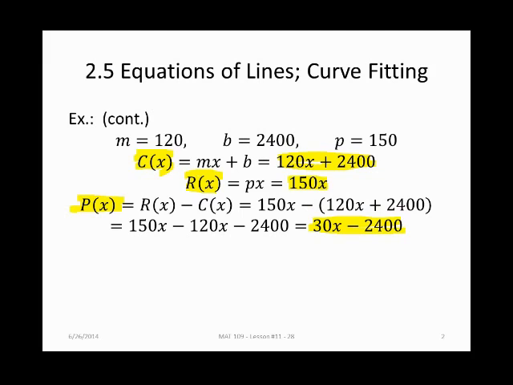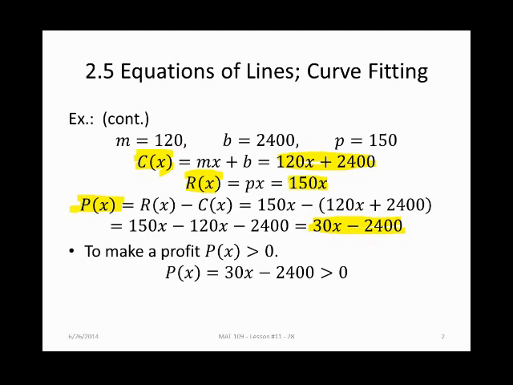Profit is just the difference between revenue and cost. So P equals R minus C. But R is this number, so we're going to put that here. And C is this expression, so we're going to put minus that here.